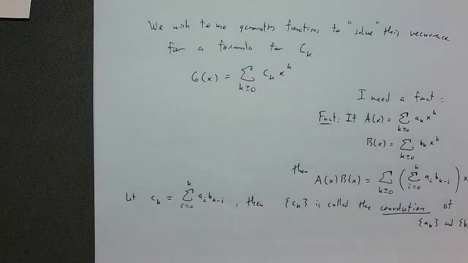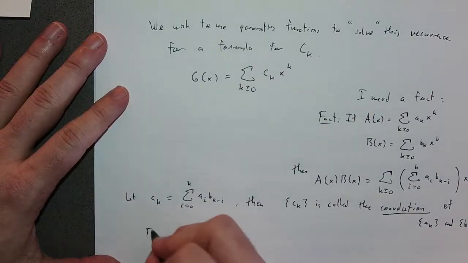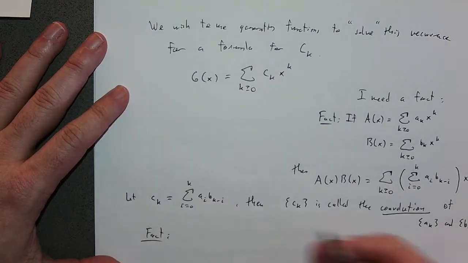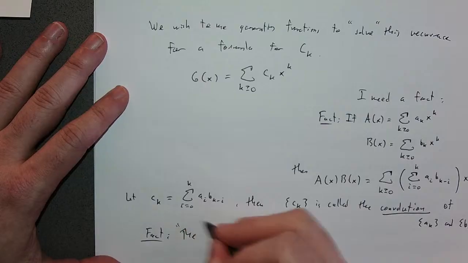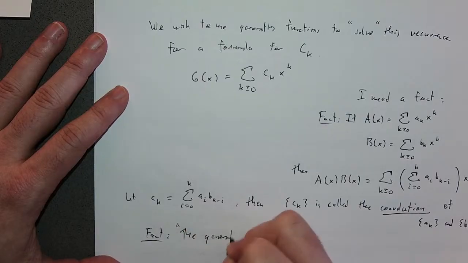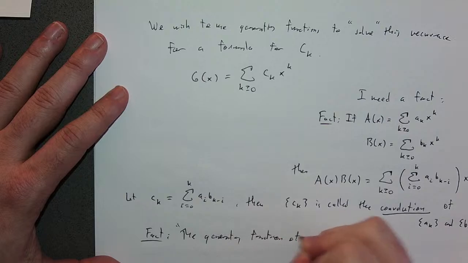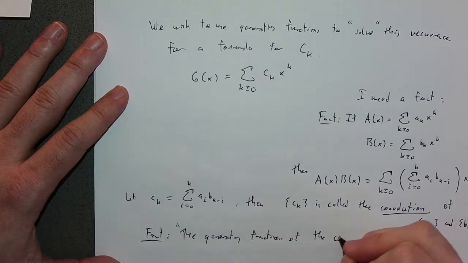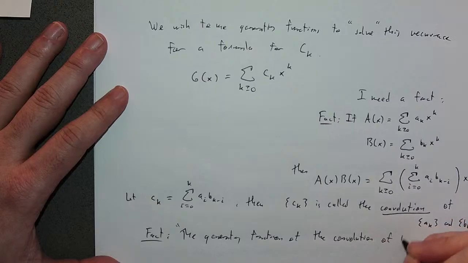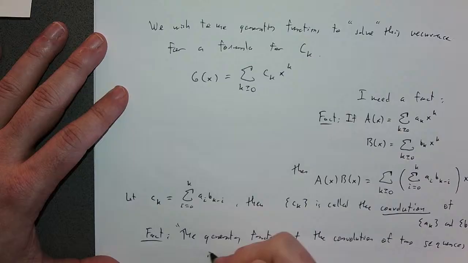So a way to state this fact is that the generating function of the convolution of two sequences is the product of the generating functions of those sequences.